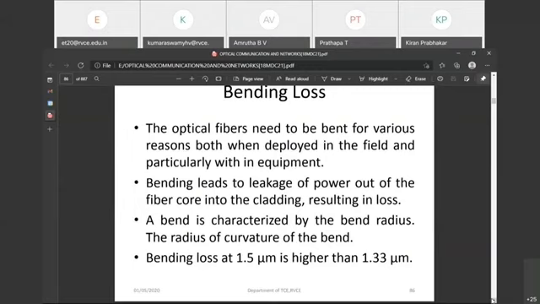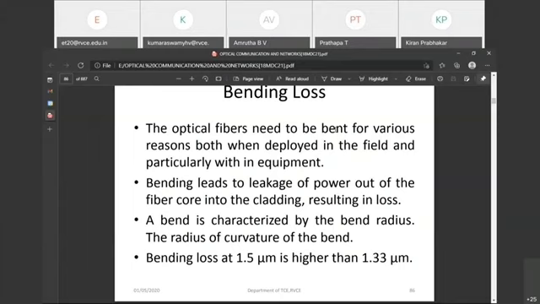This you might also have done in your UG experiment itself. Our optical fiber will not always be used in a linear fashion. At times you need to bend it for various reasons while deploying. But this bending will lead to leakage of power.